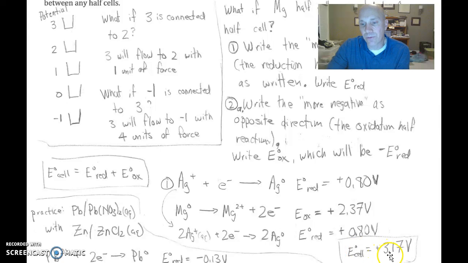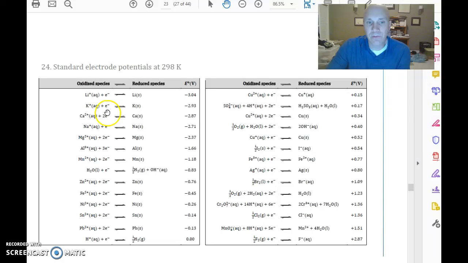All right, and that's going to be 3.17, and that's actually a very large voltage, and hopefully that should make sense, because you're going between things that are really far apart on the scale. All right, the closer two things are, the smaller the voltage, the farther things are apart, the higher the voltage.